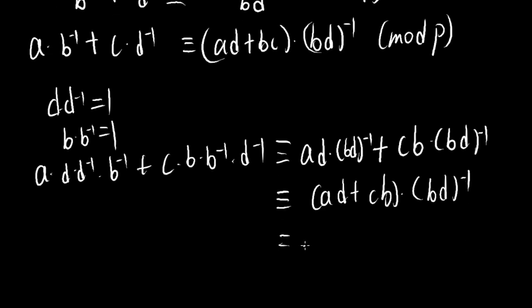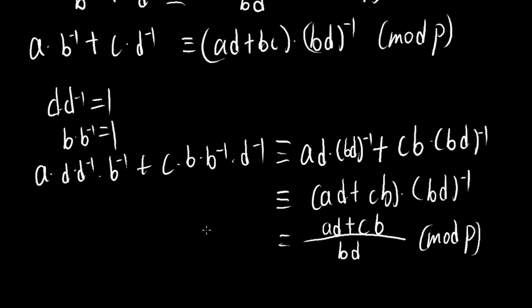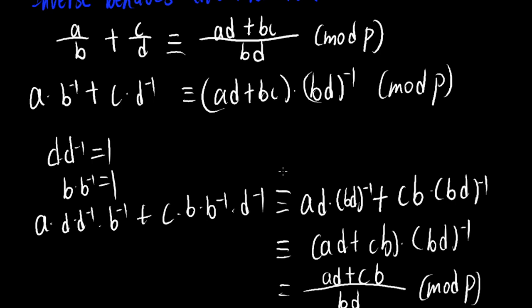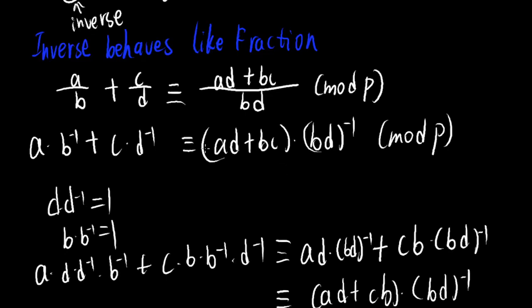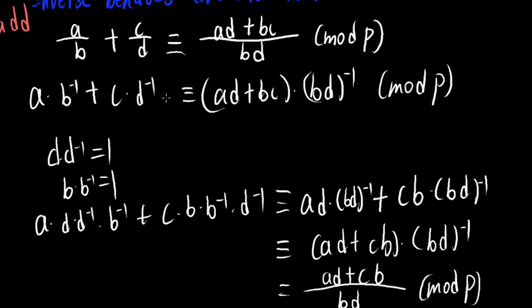And this can be rewritten as (ad plus cb) over bd mod p. And this is very good, because if you try some examples, you will find that this property makes finding the modular inverse much easier. And this is how inverses add like fractions.